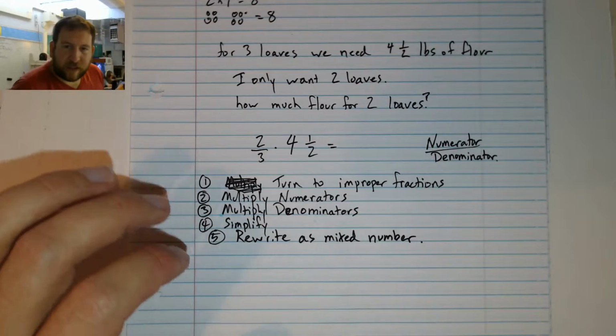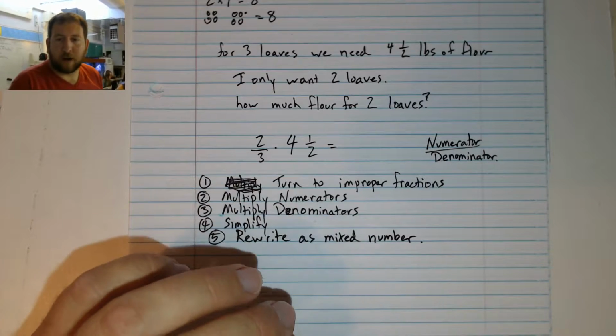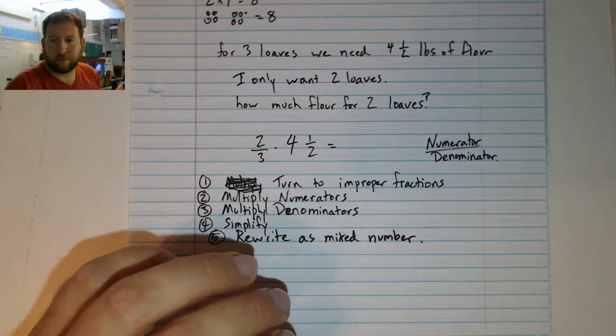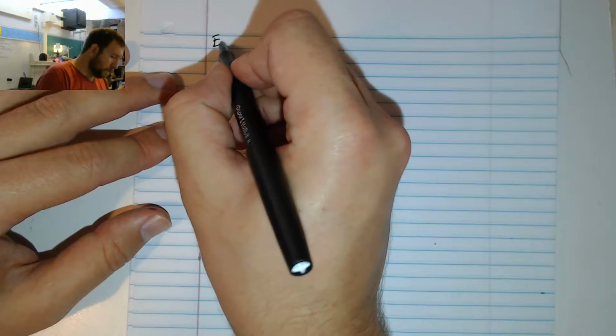Let's take a couple of examples of this before we go back and see if we can solve the problem of the bread. Okay, let's take a look at this. Let's do our little example one. I'm going to flip to a new page because I'm almost out of space. Example one.